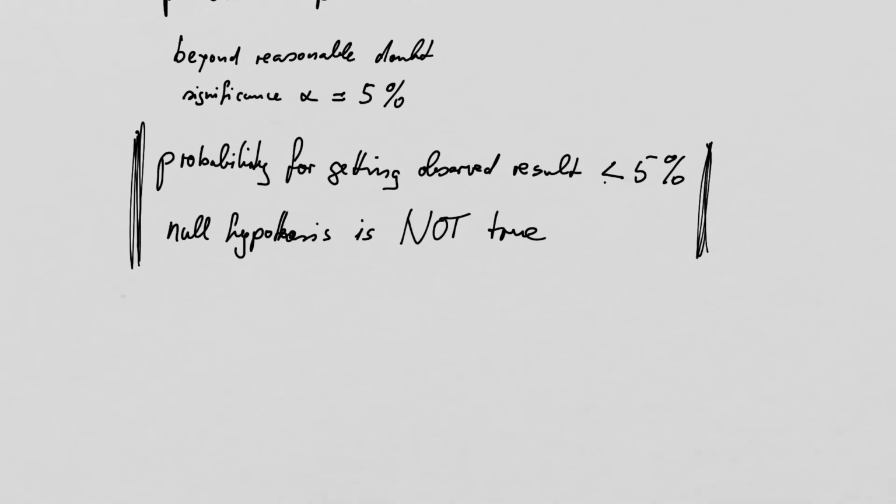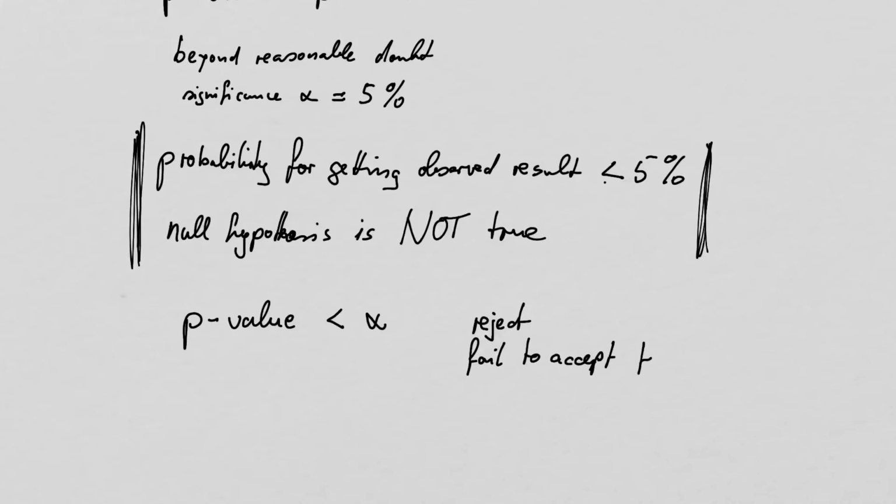That's why we can say if the p-value is smaller than our predefined alpha, the significance level, that's the beyond reasonable doubt, if the p-value is smaller than the significance level alpha, we would reject, or we would fail to accept the null hypothesis.